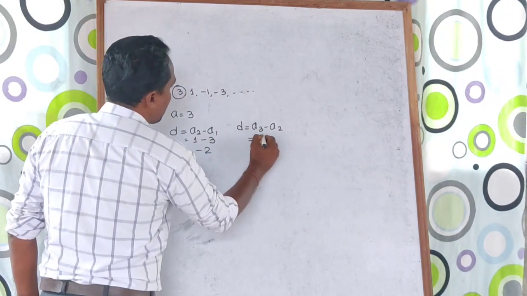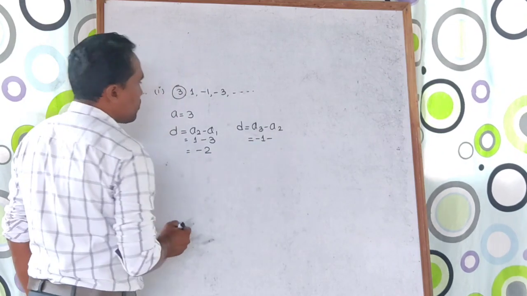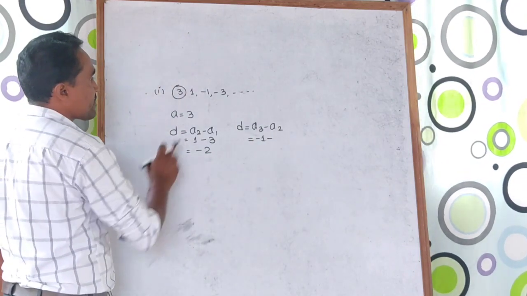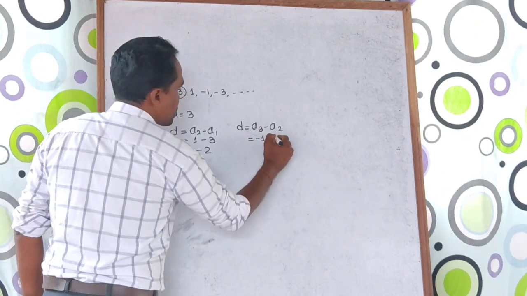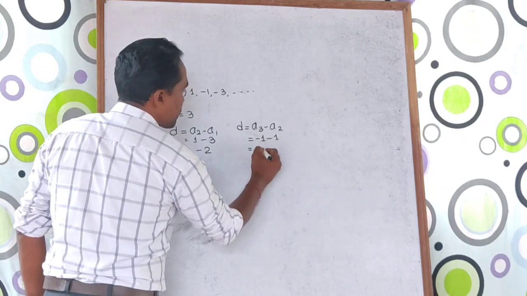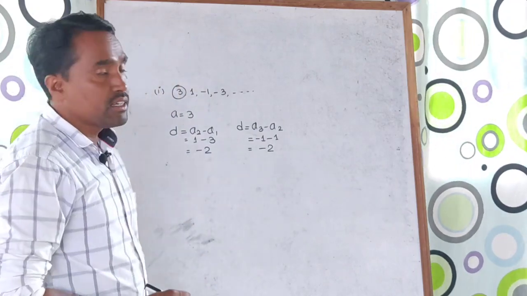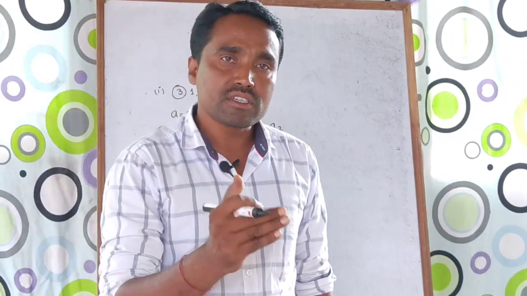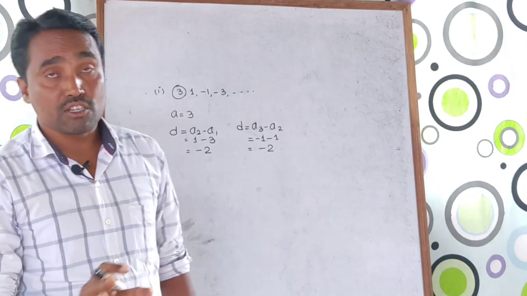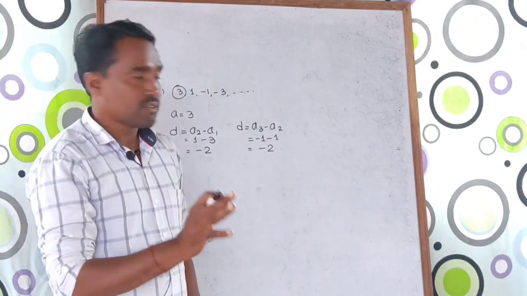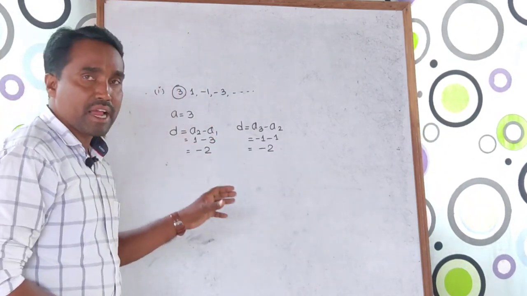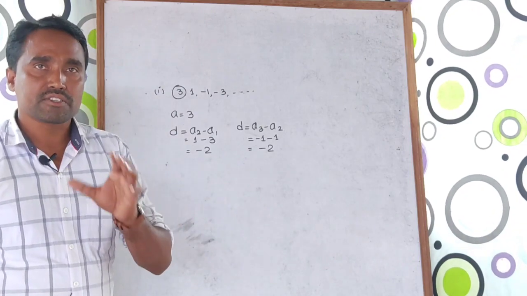Substituting A3 equals minus 1, minus, what to subtract? Minus 1 plus 1. Therefore, minus 1 and minus 1 equals minus 2. So this is the way to find the first term and common difference. There are so many questions like this. You can just follow the same kind of pattern, and you will get all the answers very easily.